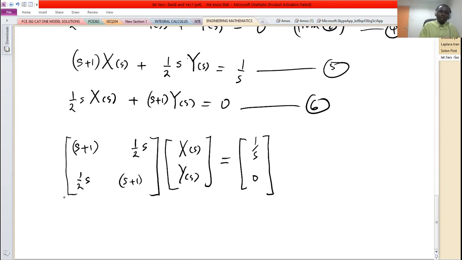So using Cramer's rule, you can use any other method that you know to solve a system of 2 linear equations.